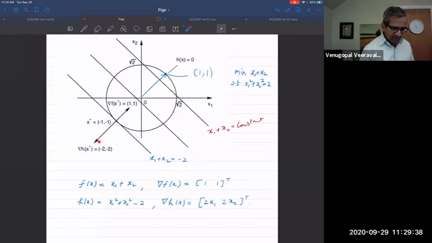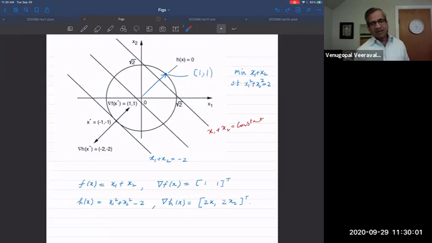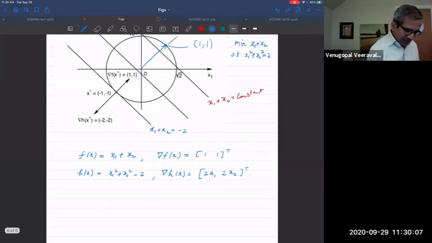So what this is saying is that the gradient of f is collinear with the gradient of the constraint. And that's exactly what the Lagrange multiplier result is saying. And in fact, what is that multiplier in this case? -2? No, actually plus half. So the Lagrange multiplier is actually plus half.